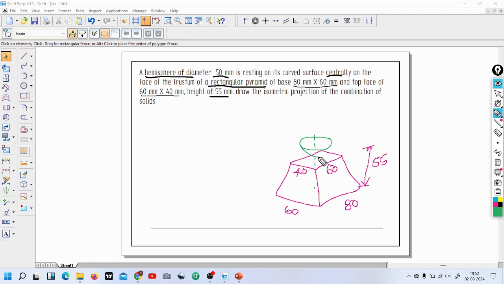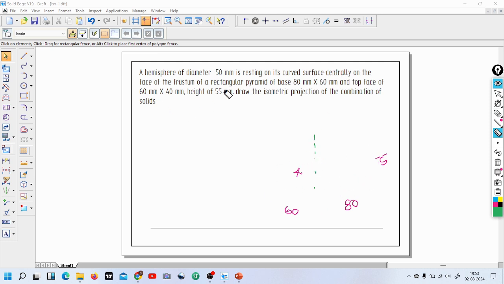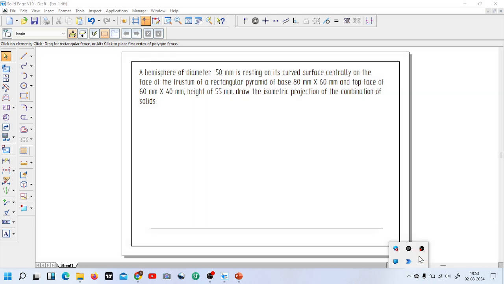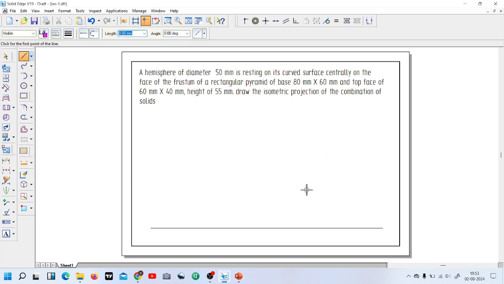Now this is the frustum of a pyramid and this is the hemisphere. Now let us see how you can solve this one using Solid Edge software. Let us first draw the base here.